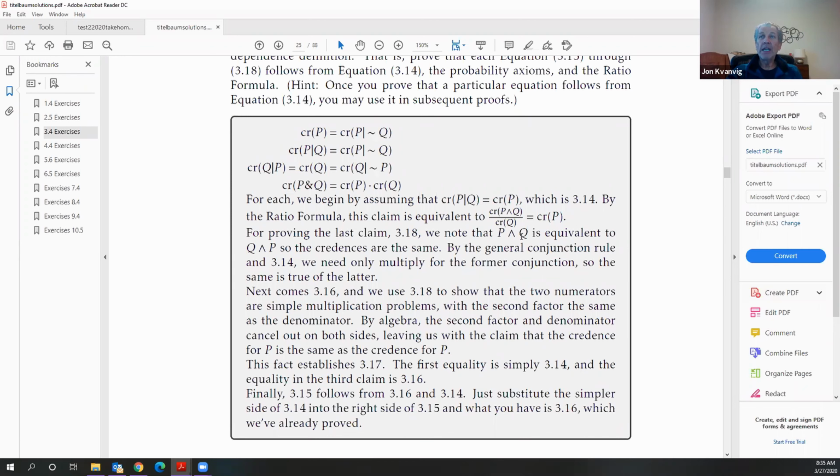We note that P and Q is equivalent to Q and P, so the credences are the same. By the general conjunction rule and 3.14, we need only multiply for the former conjunction. So the same is true with the latter.